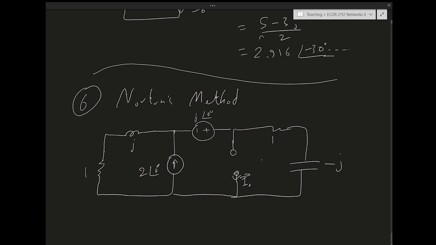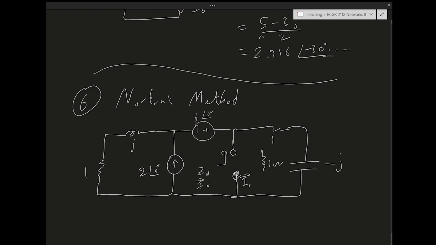So this is the resistor right here, and I will need to find the Norton equivalent circuit looking into those two ports, those two nodes. So what would be the Z Norton, and what would be the I Norton?